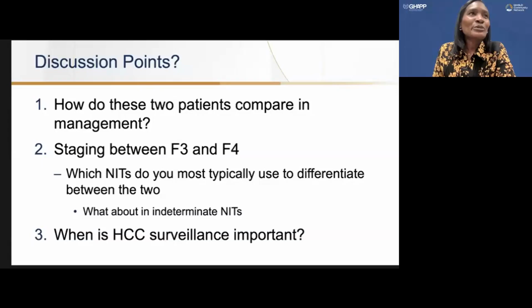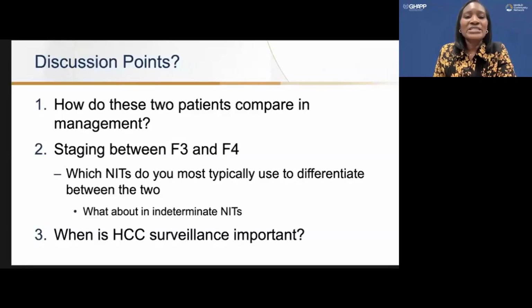I think an MR elastography is probably a good one because it's non-invasive. Now, if they're talking about an invasive test, that's when we would probably consider doing a liver biopsy. But when it comes to NITs, I think maybe doing an ELF score, if we're not sure, MR elastography would help determine if your patient falls into either the F3 or F4 category.